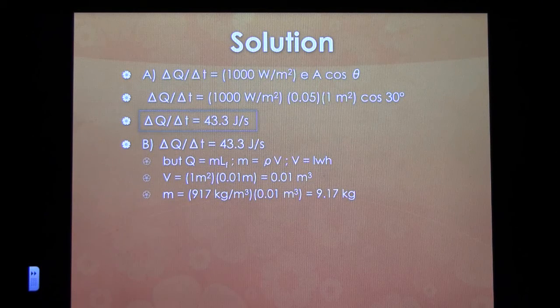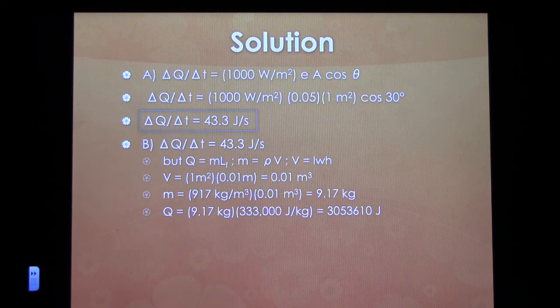Now to find the mass, kind of backtracking a little bit, it's equal to the density times the volume. We just found the volume, 0.01 meters cubed, and the density of ice we can look up. It's 917 kilograms per meter cubed. Multiplying the density times volume, we get the mass to be 9.17 kilograms. Last little step before we actually solve the problem.